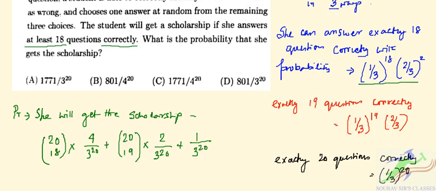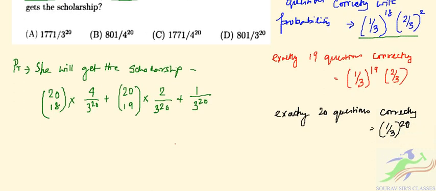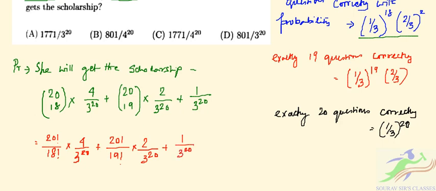Now if we do the calculation, it is pretty simple. So we have 20 factorial by 18 factorial into 4 by 3 to the power 20, plus 20 factorial by 19 factorial into 2 by 3 to the power 20, plus 1 by 3 to the power 20, right?